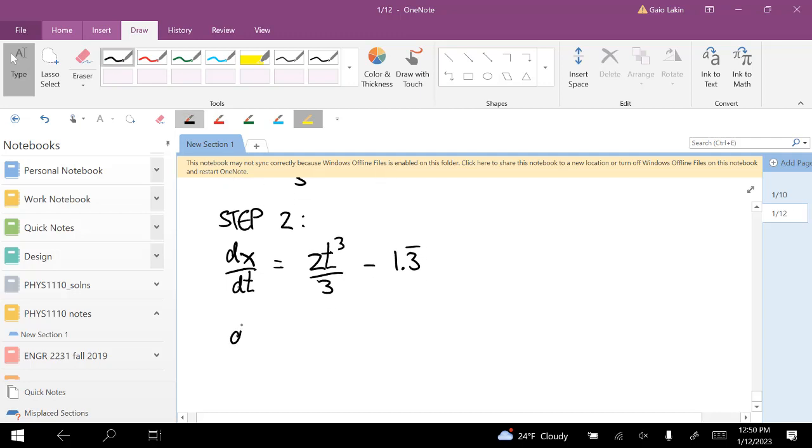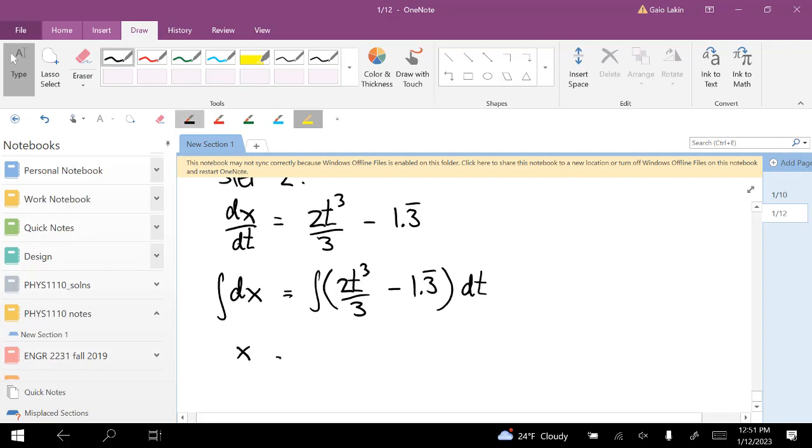So we have dx is equal to the quantity 2t cubed over 3 minus 1.3 repeating times dt. And now we can integrate both sides.